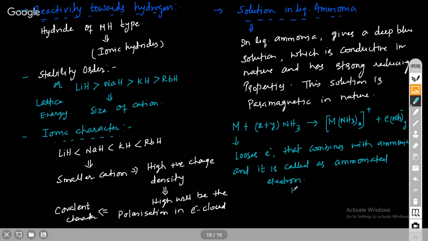This is only responsible for the blue color of the solution that we get. We also call it a solvated electron.